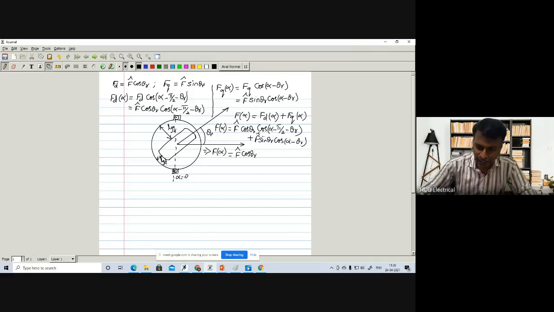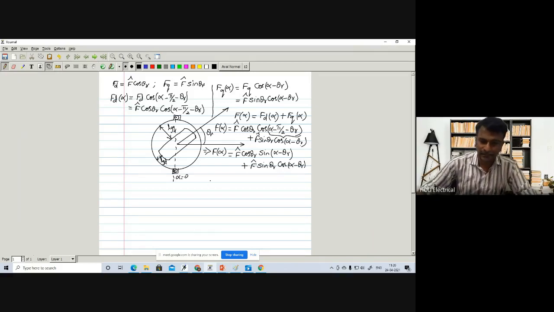Cos of pi by 2 minus alpha minus theta is nothing but sine of alpha minus theta, plus F cap into sine theta r into cos of alpha minus theta.